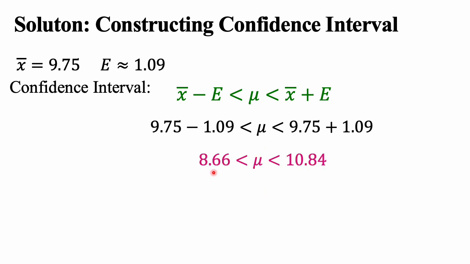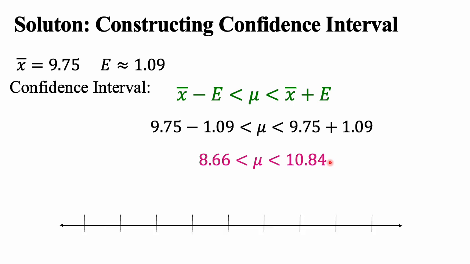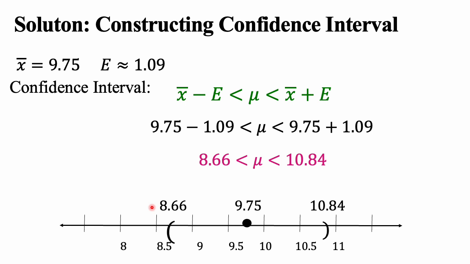That's going to be 8.66 and 10.84. So we constructed the confidence interval: the point estimate, the sample mean, left-hand point 8.66, right-hand point 10.84. We have a range of estimation.